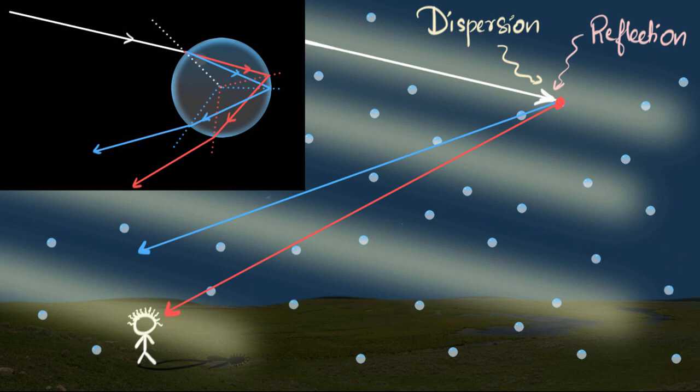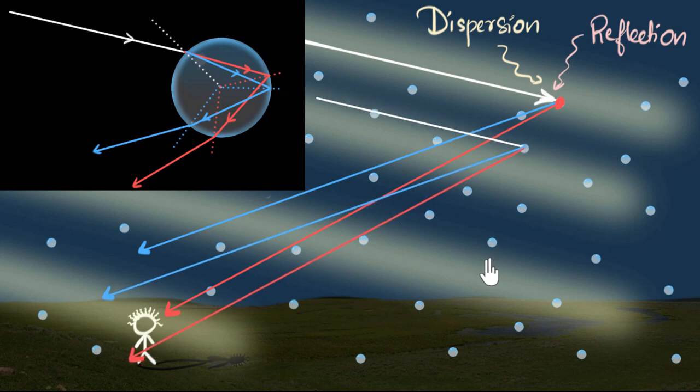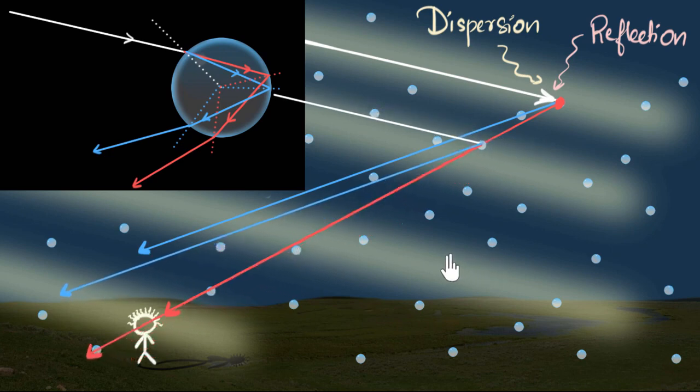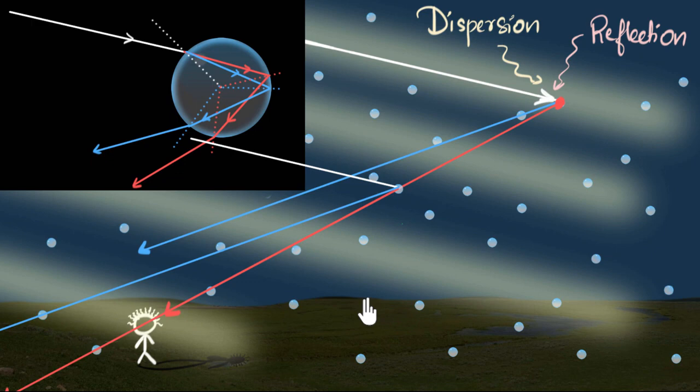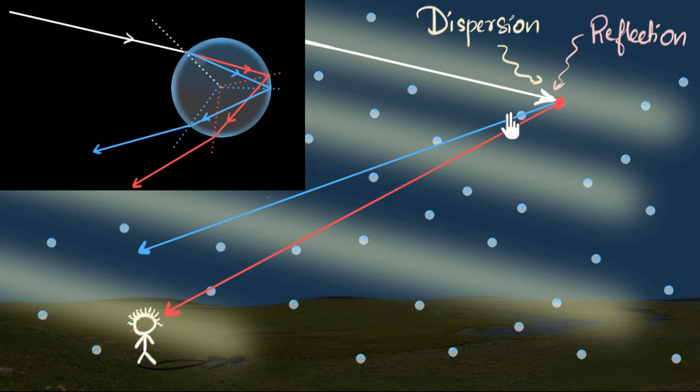So let me make a copy of this. What I'm trying to say is, let's take another raindrop, which is in the same line over here. That's also throwing red light at me. Another raindrop over here is also throwing the red light at me. So if you look at all the raindrops in this line, all the raindrops in that line, they're all throwing red light towards me.